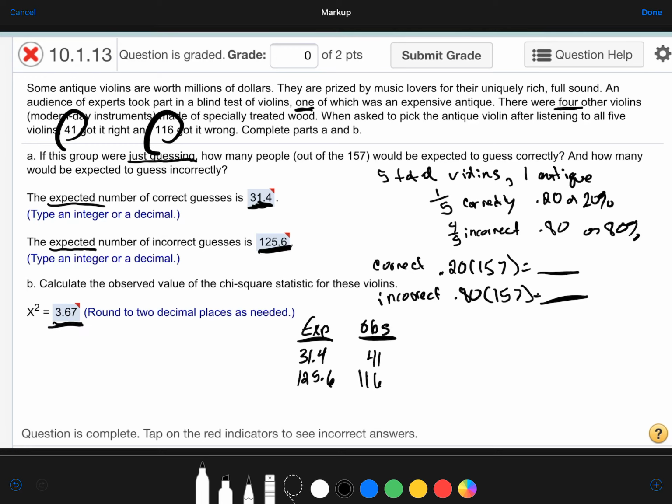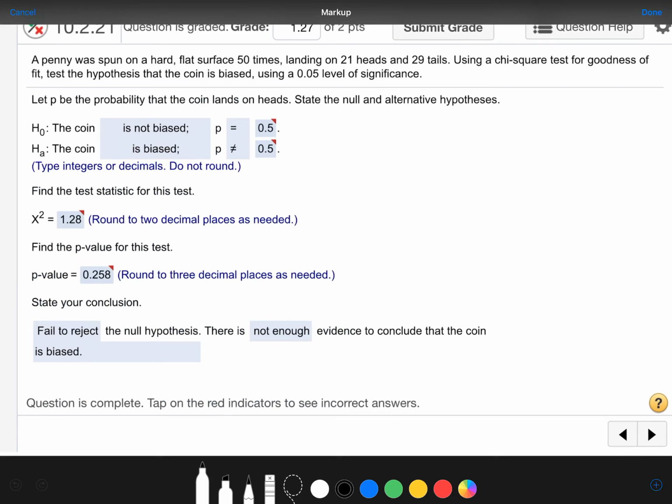I'm going to go to where I can mark on this one. This one also, you have to figure out what those expected values are as far as running this. If your coin is not biased, that's what we would assume. Our null would be that we have just a regular coin, because again, that would be the boring, basic stance.